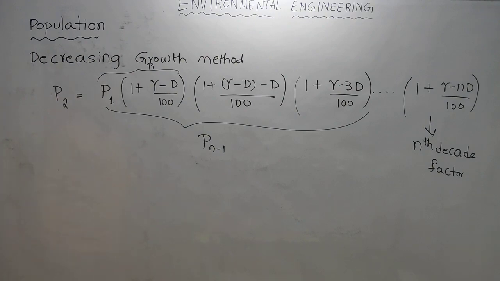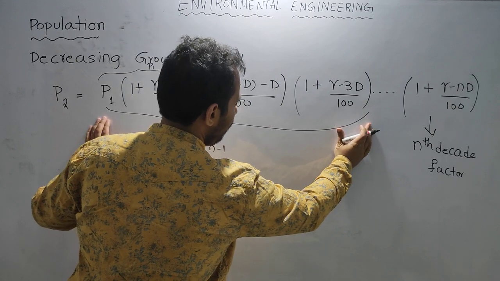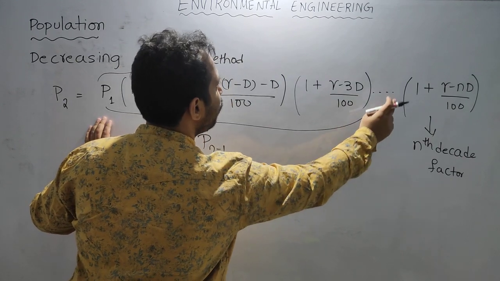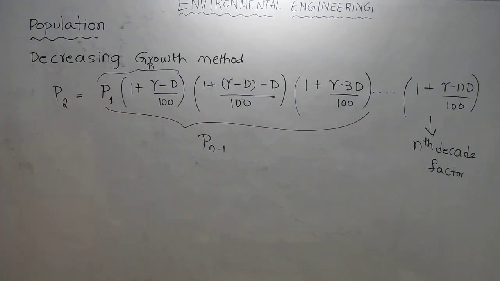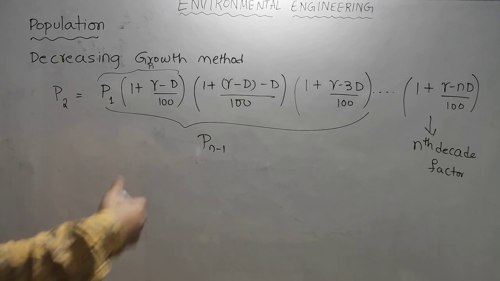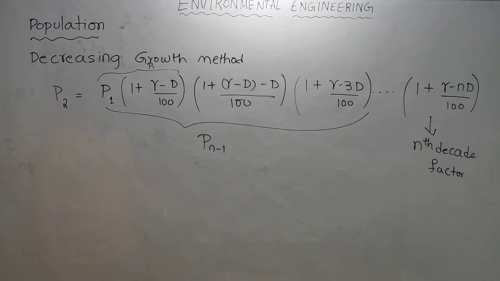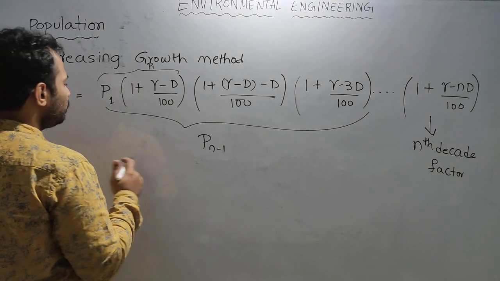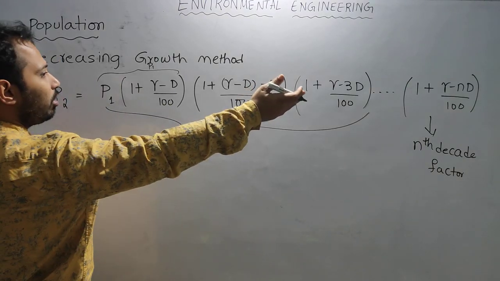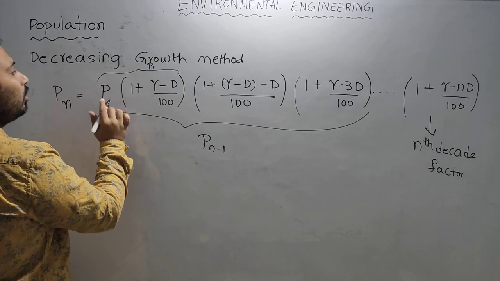So what I am saying is, if you know Pn minus 1, then Pn is Pn minus 1 into 1 plus R minus ND by 100, where N is the number of decades. After 5 decades you want, then put 5. After 10 decades you want, then put 10. So I can also write this formula like this: this is Pn and this is P naught.